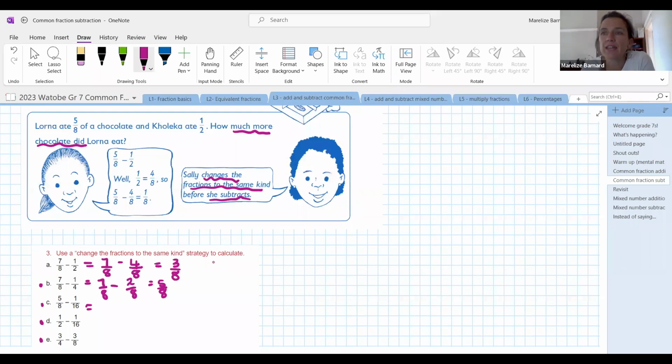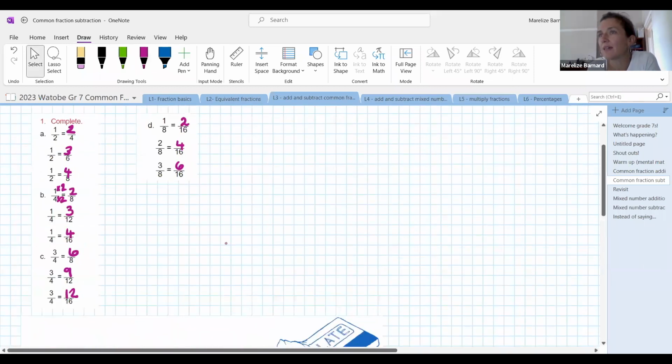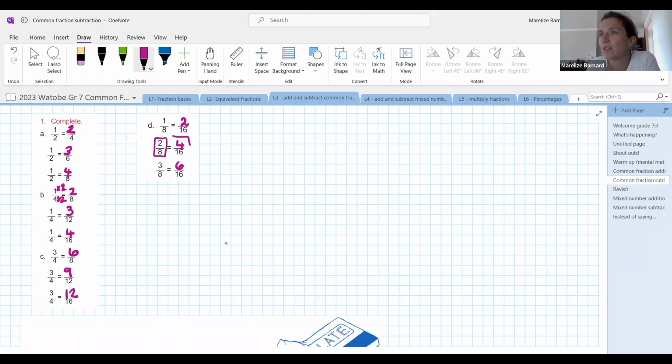And 5/8 minus a 16th. So if we need to make these the same, we're going to make the eighths into 16ths. And maybe something you noticed here, if you have eighths and you have to make them into 16ths, maybe one of you noticed, or more than one of you noticed, that you actually double.